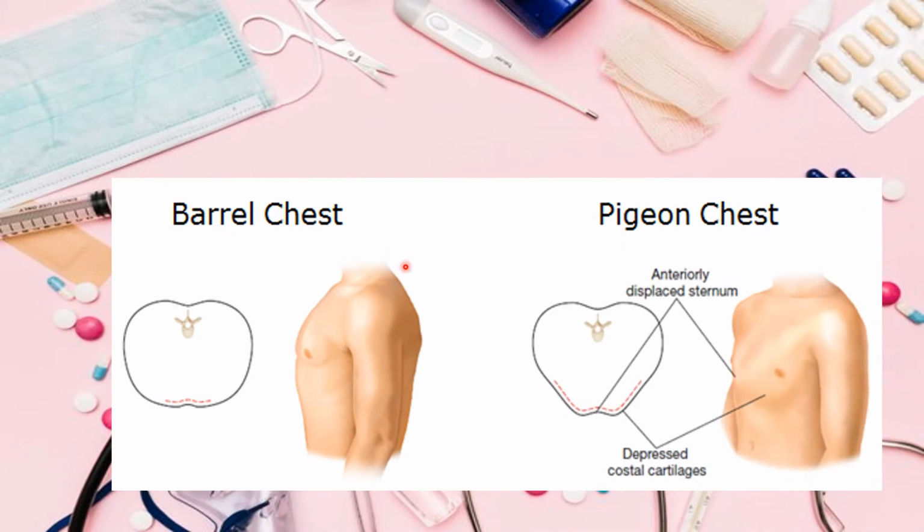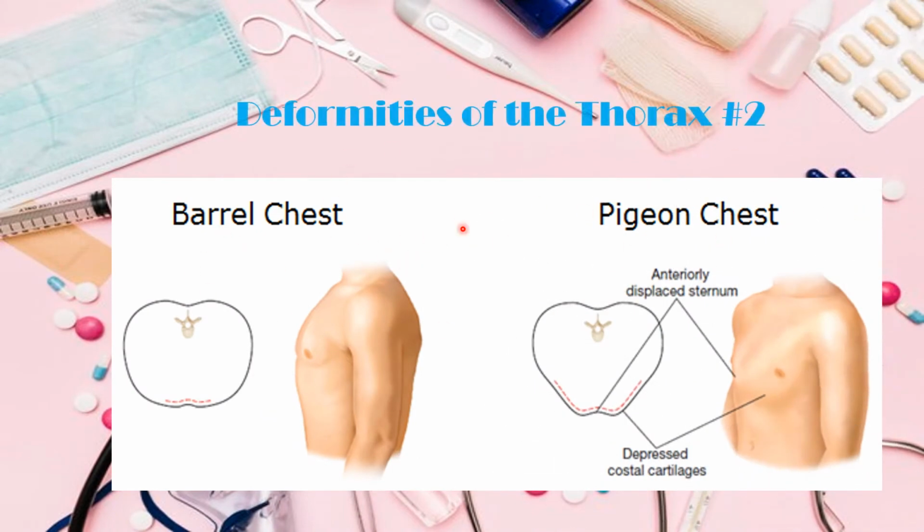Another deformity here is the barrel chest, wherein there is an increased anteroposterior diameter. This shape is normal during infancy and usually accompanies aging and chronic obstructive pulmonary disease in the adult.